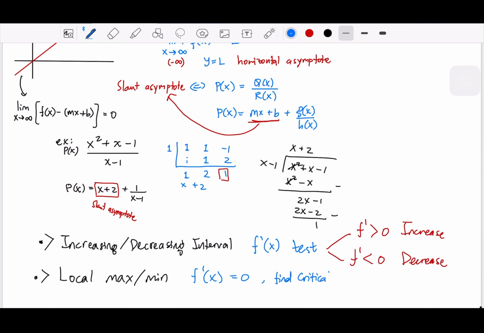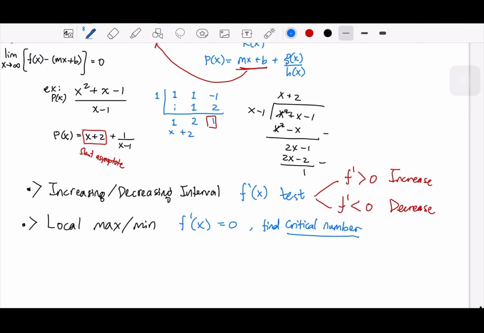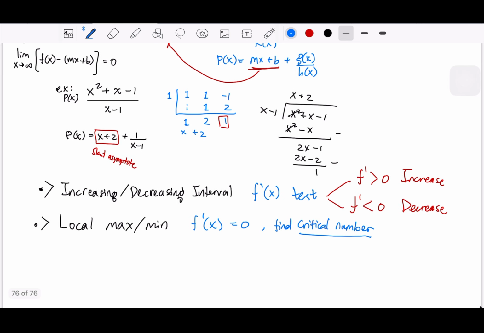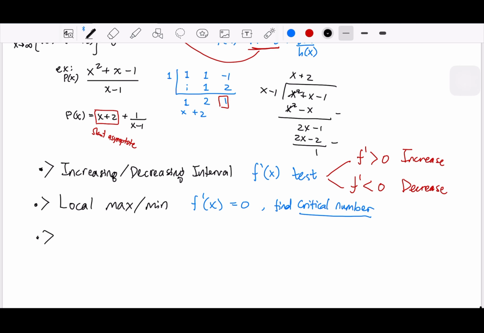The increasing and decreasing intervals and the local max and min work together. We find the critical numbers, check the test numbers, and find the increasing and decreasing intervals.